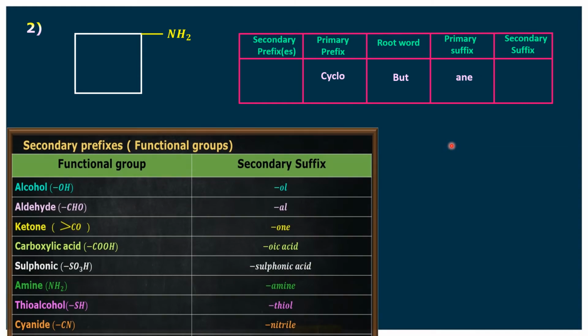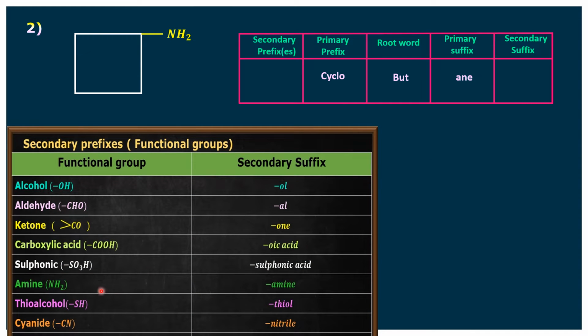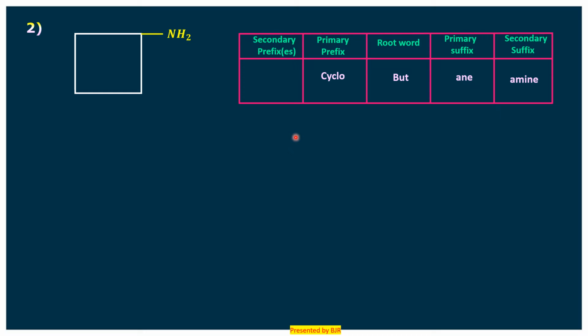Next, the secondary suffix: the amine functional group is there, so the secondary suffix is amine. So the IUPAC name of this alicyclic compound is cyclobutanamine.